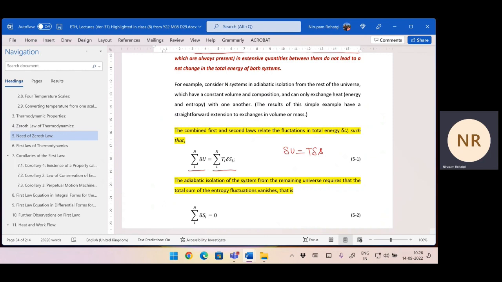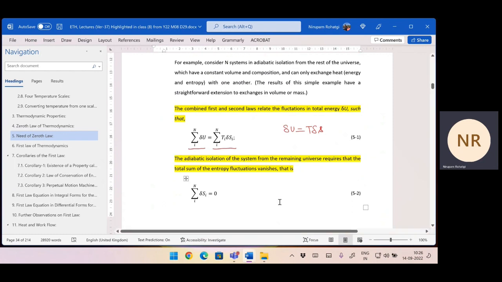So this will be the equation. Now there is another thing: because the system is in equilibrium, the change in entropy of the whole system should also be zero, because nothing has changed. The system is in equilibrium, so the sum of the entropy changes should be zero.